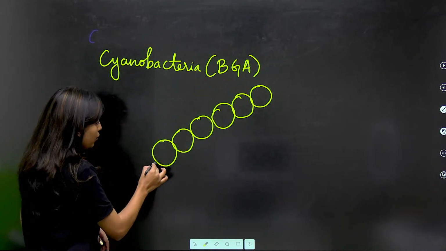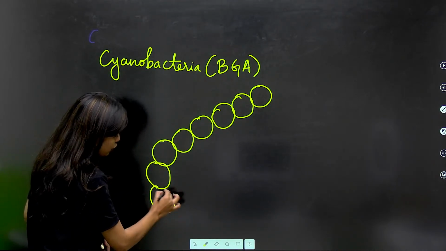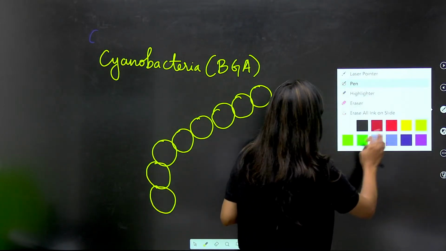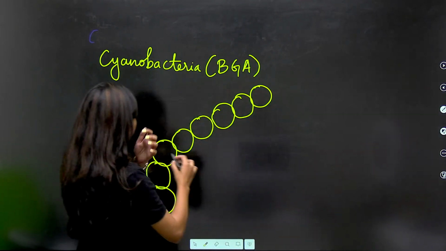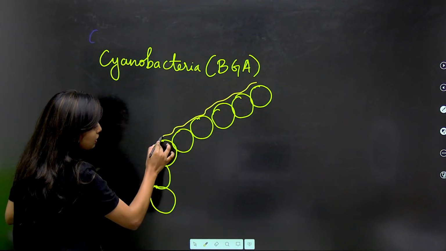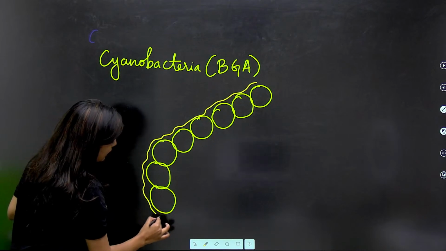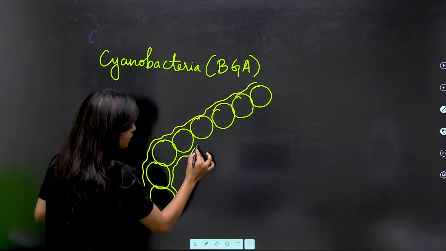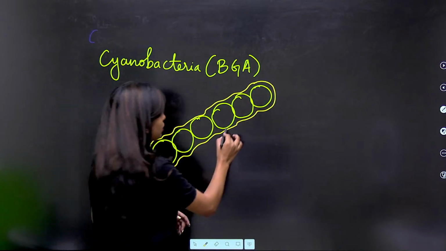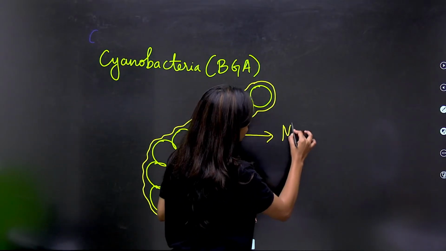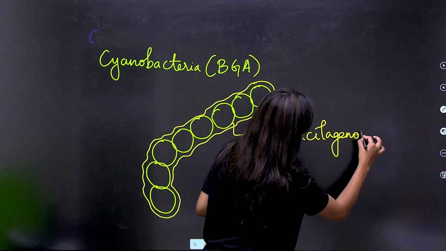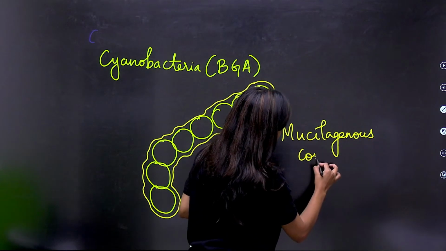Now, what is going to happen? To protect this layer, they are going to have a mucilaginous sheath. They will be surrounded by a mucilaginous, jelly-like covering, or a mucilaginous covering according to your NCERT, to protect them.